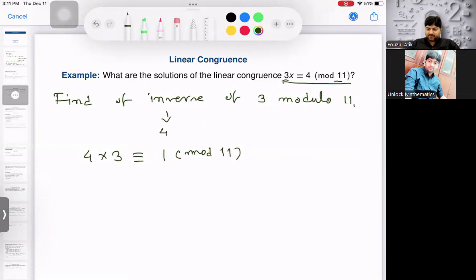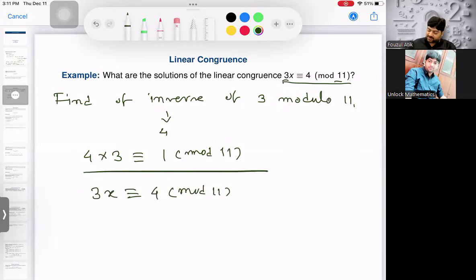So how to do that? You write down 3x is congruent to 4 modulo 11. Now this is the given linear congruence. We have to solve for x. What we will do is multiply by 4, so that you get 4 into 3x congruent to 4 into 4, which is 16, modulo 11.